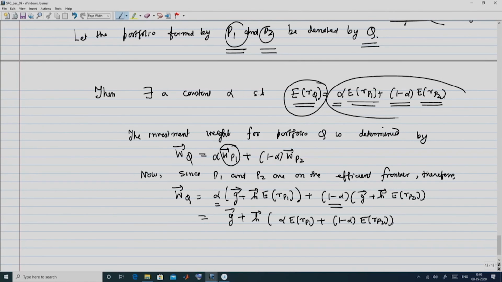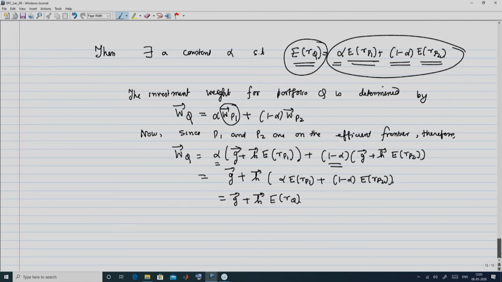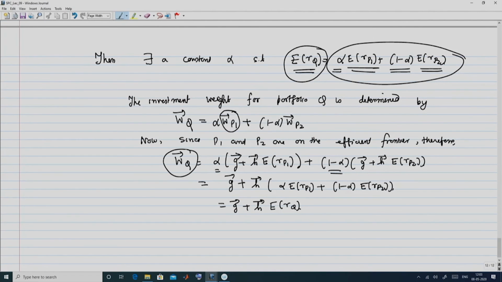And alpha E of R P1 plus this term is nothing but, as we have already made a choice, E of R Q. So, this means that the weight of this portfolio Q is of the form G plus H into the expected value of the return of R Q. Therefore, since it is in this particular form, we can conclude that the portfolio Q also lies on the efficient frontier.